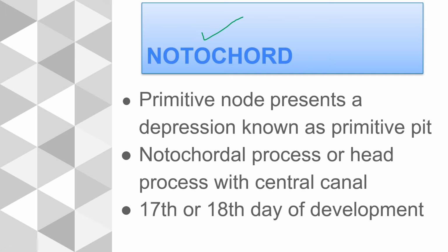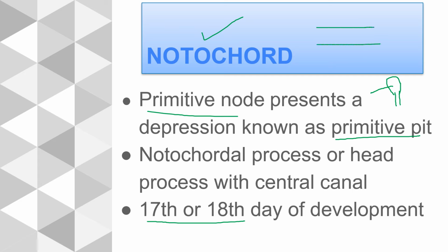How does it appear, and when? It appears on the 17th or 18th day of development. How does it start? We have seen that the primitive streak contains the primitive node. This primitive node presents a depression called the primitive pit. If you see, this is the ectoderm and this is the endoderm. We will take another color.